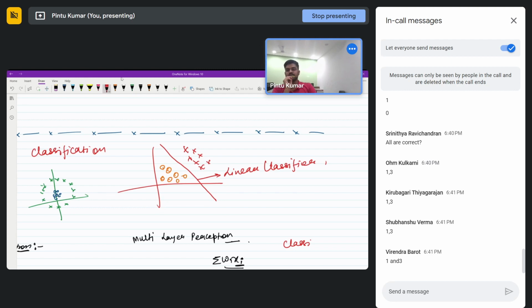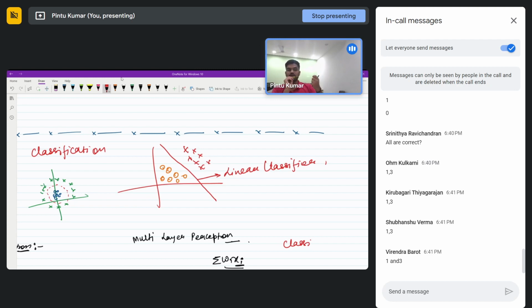You can clearly see that if you draw a boundary like this, then this boundary separates these two data points. You can make a rule that if my point is within this boundary, then you classify it as a circle. If it is outside this boundary, then classify it as cross, right? But you can't do this with linear classifiers. You can't draw a straight line to separate these two kinds of data points.